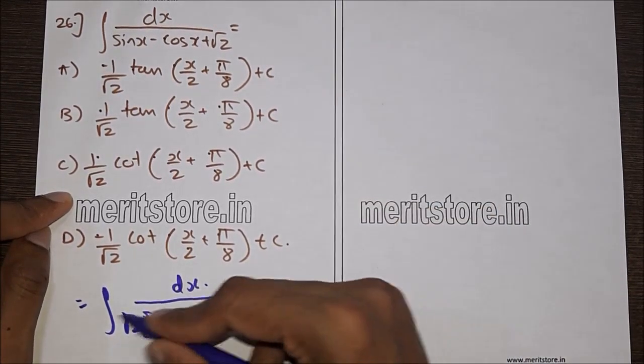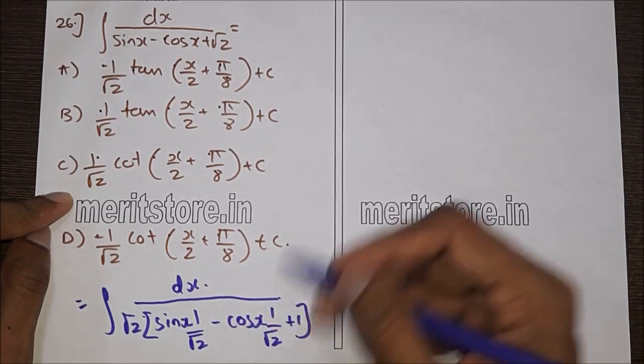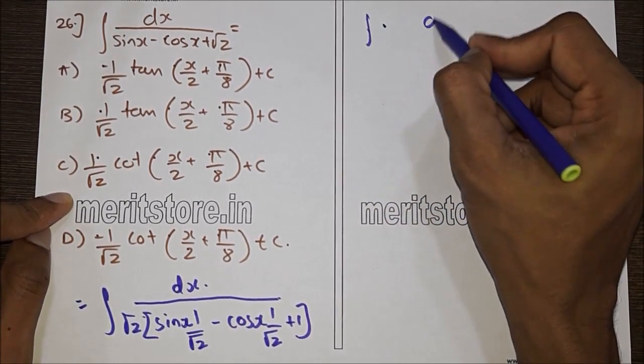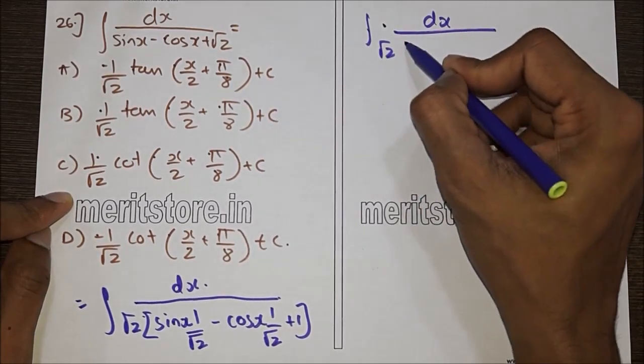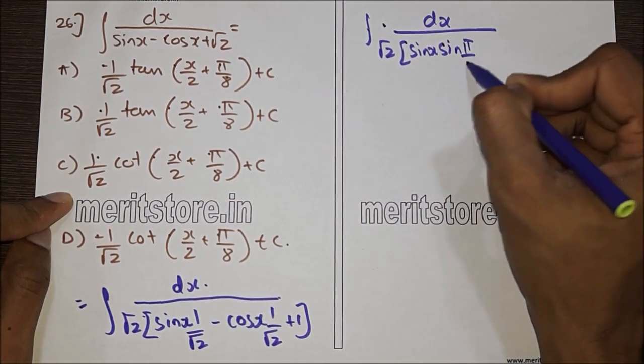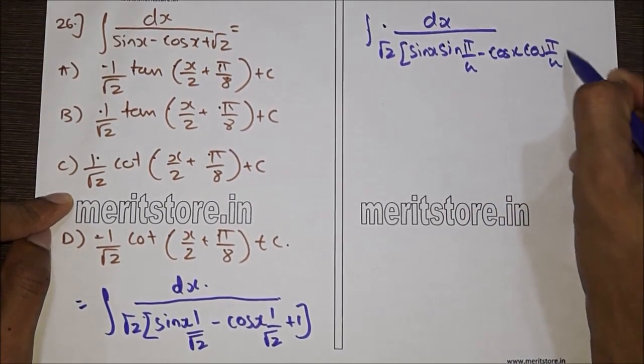If you see, we take root 2 as common over here, we get integral dx upon root 2 sin x into sin pi by 4 minus cos x cos pi by 4 plus 1.